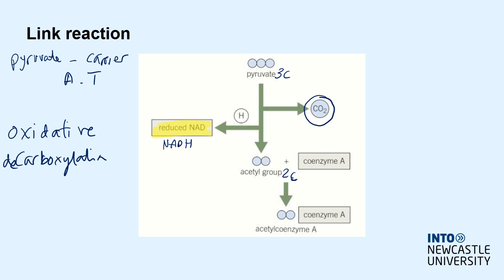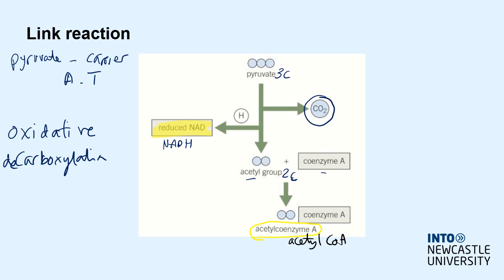The acetyl group is a 2 carbon compound, and it joins with a coenzyme called coenzyme A, which helps deliver the acetyl group into the Krebs cycle. So the acetyl group binds with coenzyme A and forms acetyl coenzyme A, or you could just call it acetyl CoA if it's easier, and acetyl CoA is delivered into the Krebs cycle.